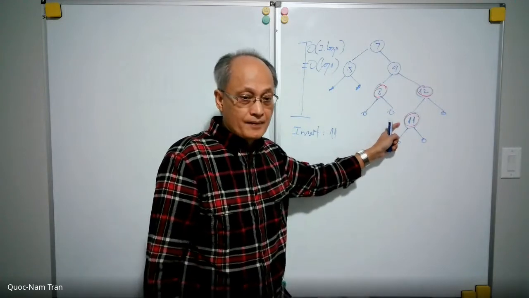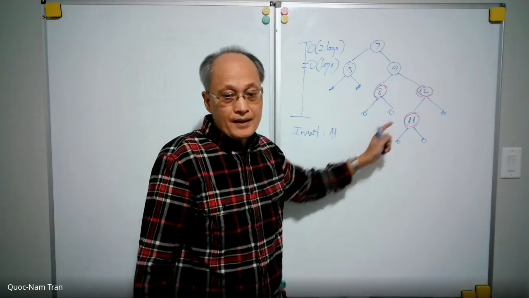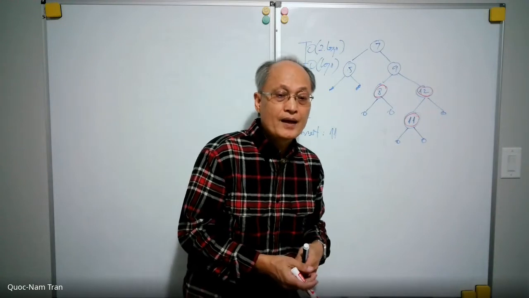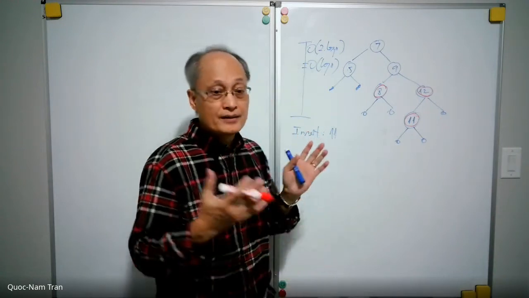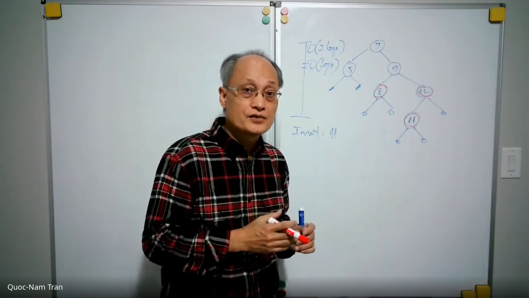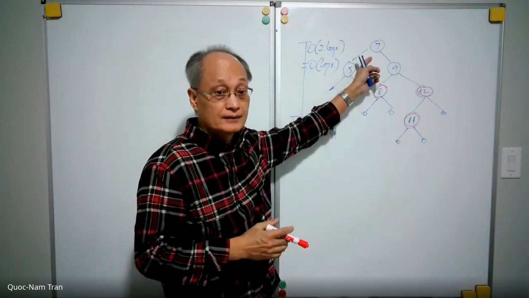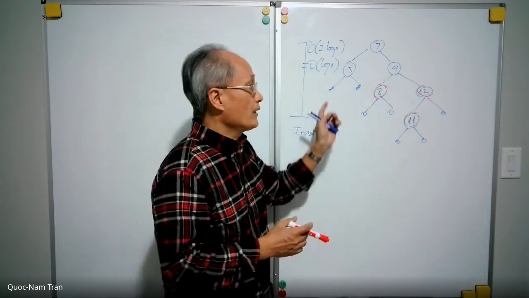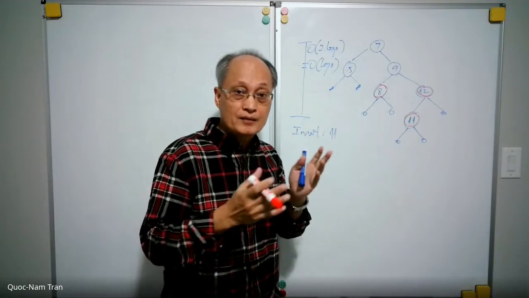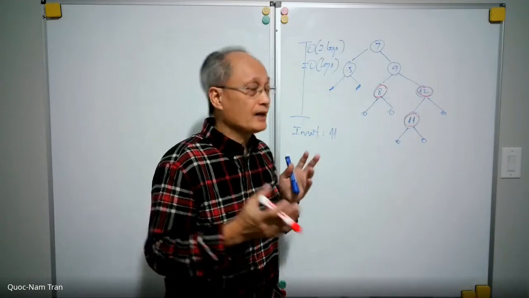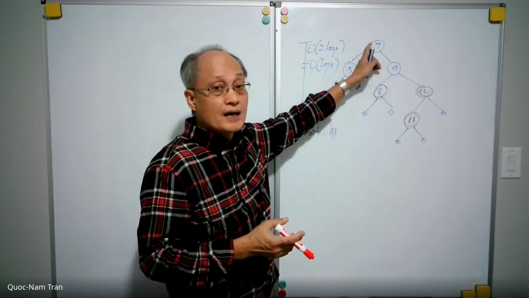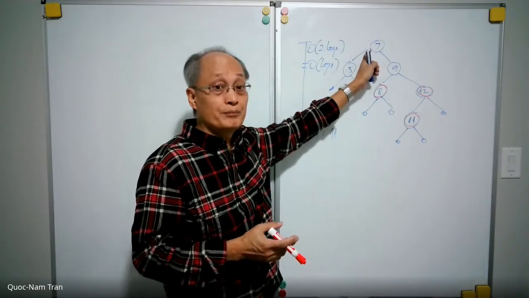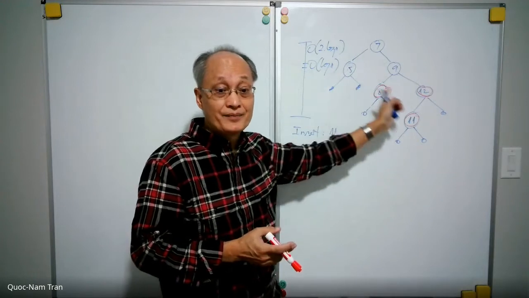Now, here is a problem. In a red-black tree, besides the order condition, like it's a binary search tree, we have two colors, red and black. And on every branch starting from a node, the black counts are the same, right?